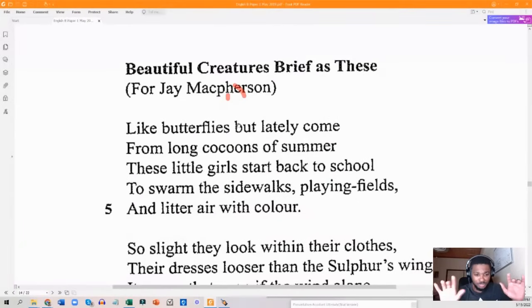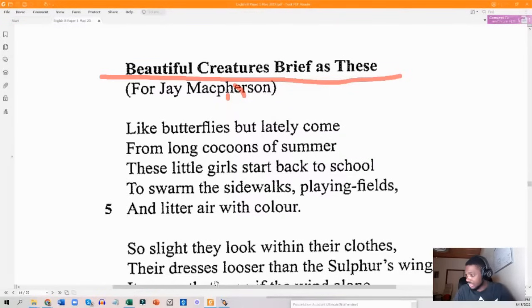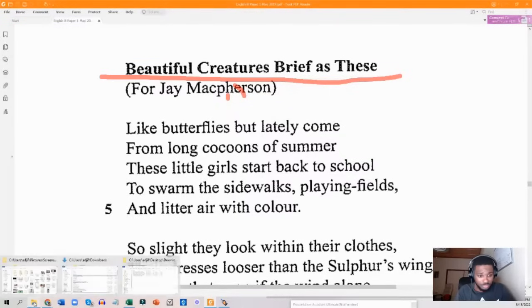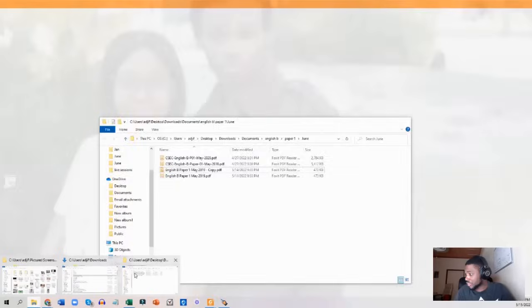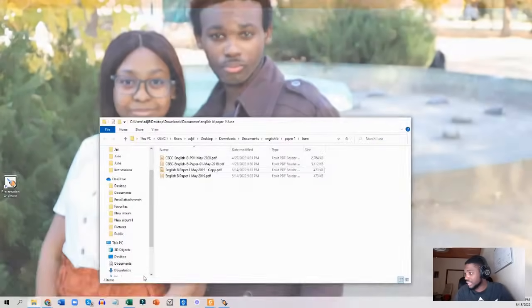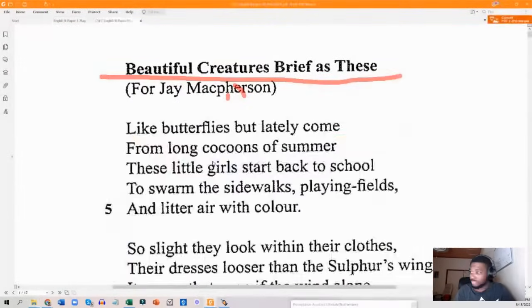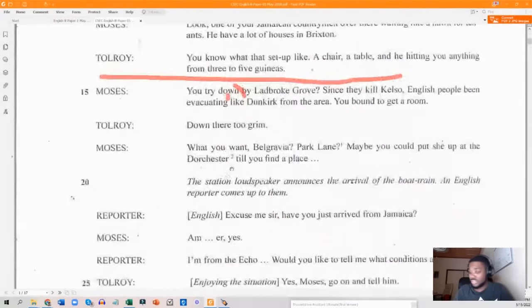Somebody just confirm, I'm not insane. We did this poem last time, didn't we? Let me double check the 2018 paper. I'm pretty sure we did this poem in the 2018 paper. Yeah, someone said yes, we did.